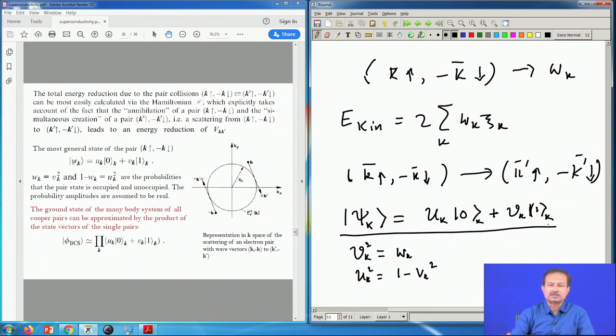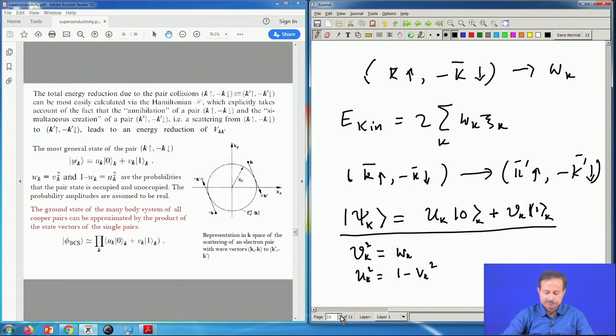So, that is what this state defines. Now, one just takes a product of all such paired states for all such pair momenta k and minus k. So, the BCS wave function then is just a product of this kind of a wave function. It is a very simple wave function, a pair being occupied with probability vk square and a pair being unoccupied with probability uk square, and such states are now taken product of.